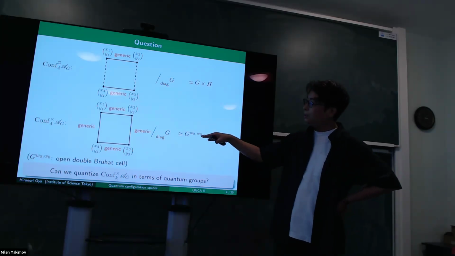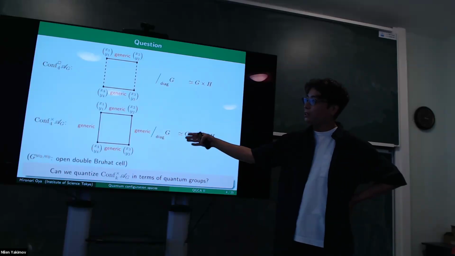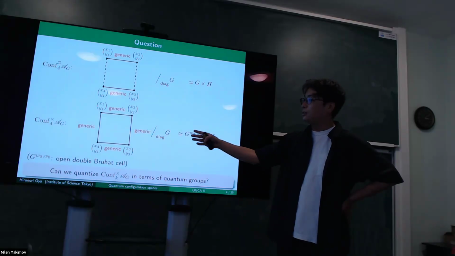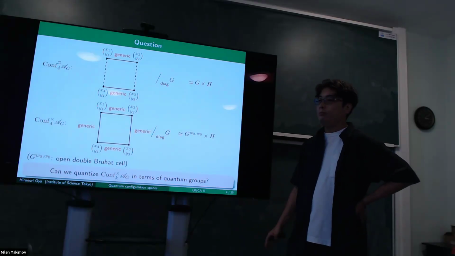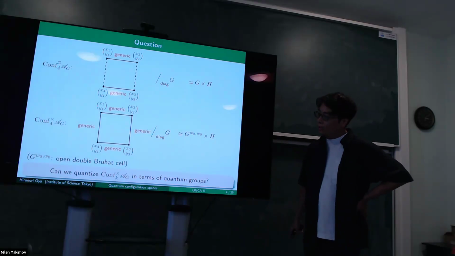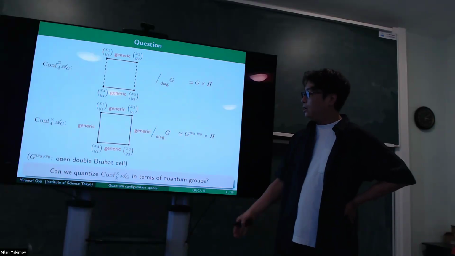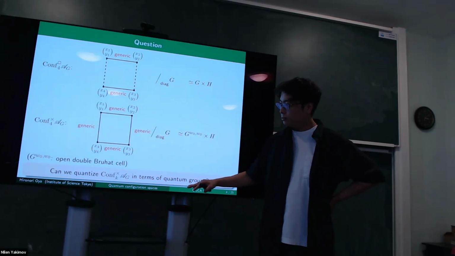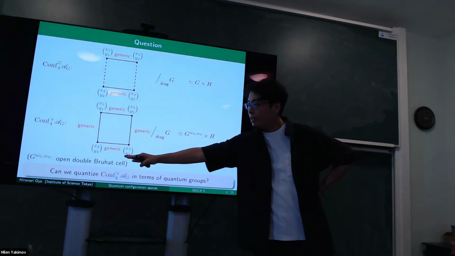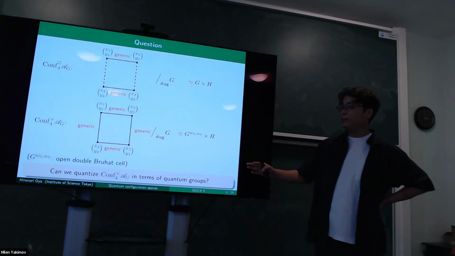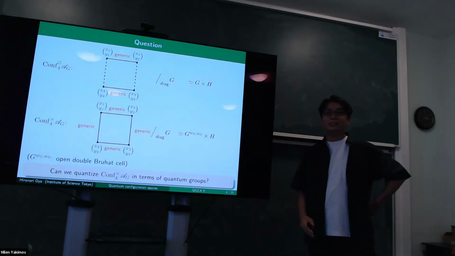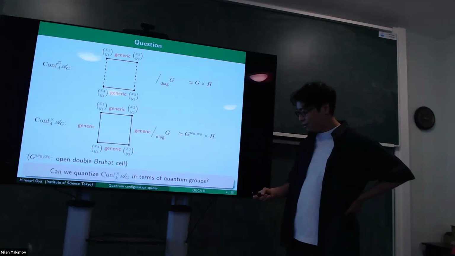So if you consider the fully generic configuration space, then this is isomorphic to the open double Bruhat cell times H. Okay. And today's goal is this one. So our main question is this: can we quantize this space? So this is our question.